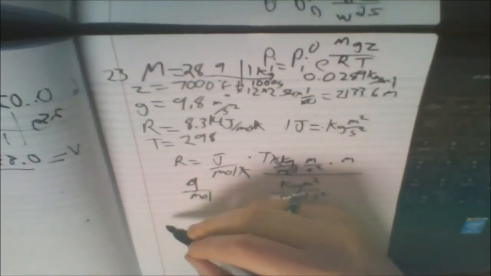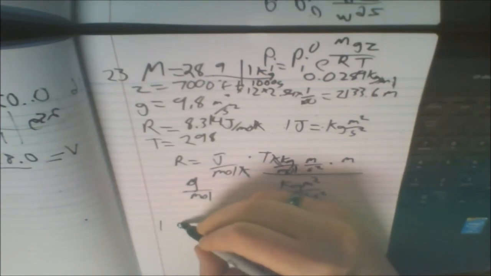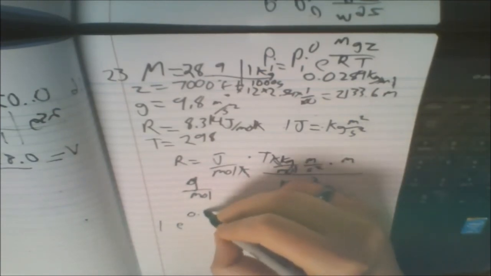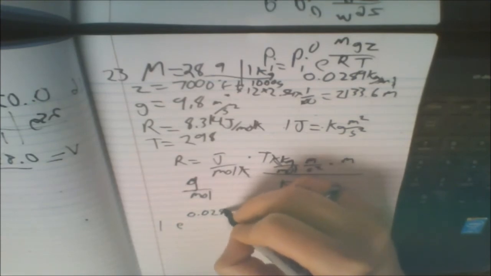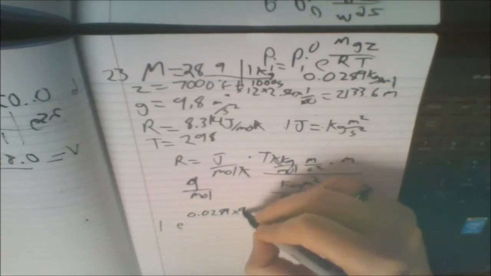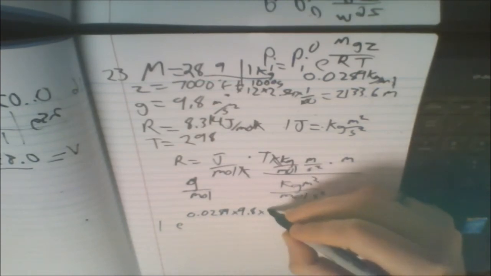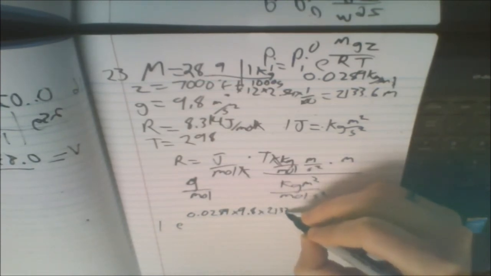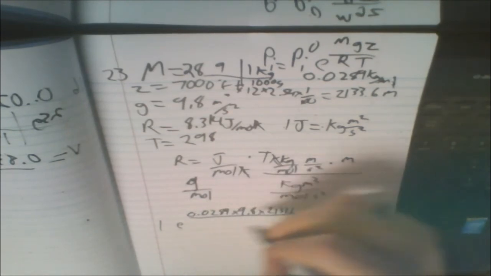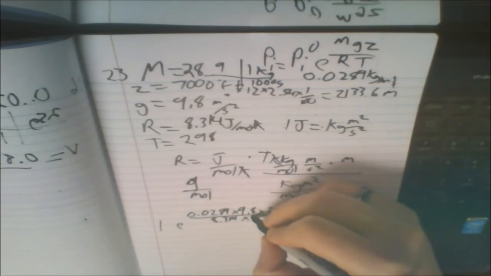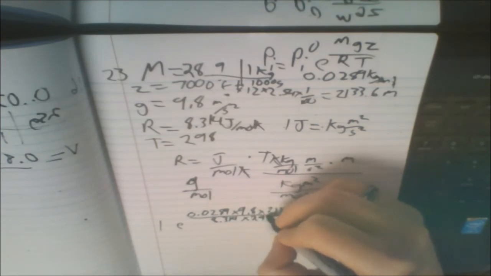So doing this, your total pressure is 1 times e to the factor of 0.0289 times 9.8 meters per second squared times 2133.6, all over 8.314 and 298.